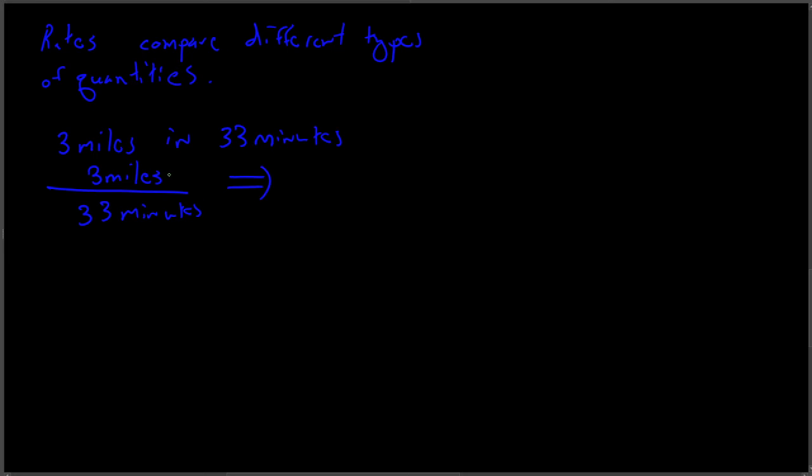Noticing that both are divisible by 3, that's 1/11 miles per minute. And so rates are very useful because they relate two different quantities. And miles per hour is a common way that we talk about a rate of travel.